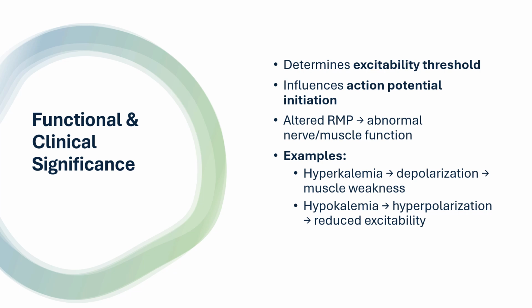In hypokalemia, the opposite occurs. Low extracellular potassium makes the RMP more negative, or hyperpolarized. The membrane moves further from threshold and cells become less excitable, resulting again in muscle weakness and sluggish neural activity.